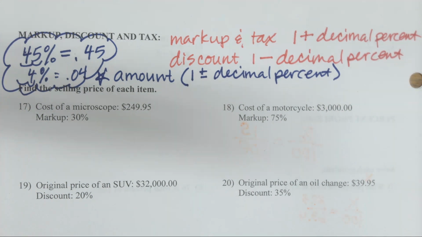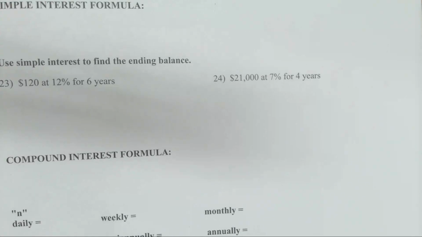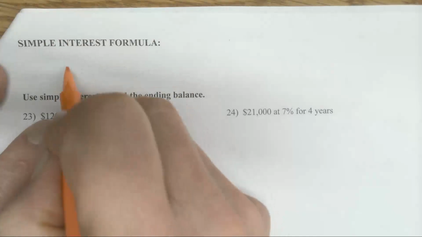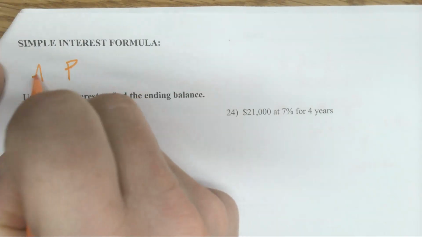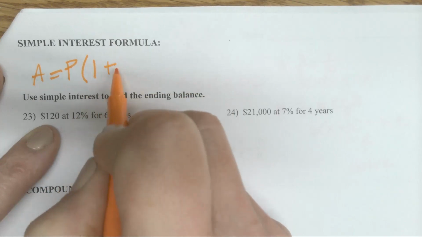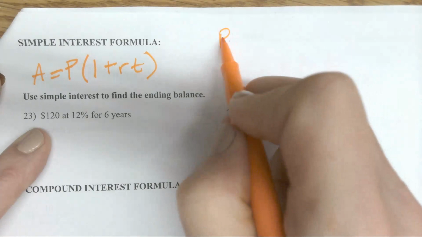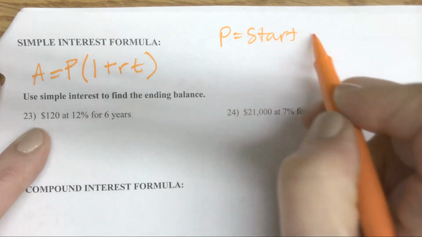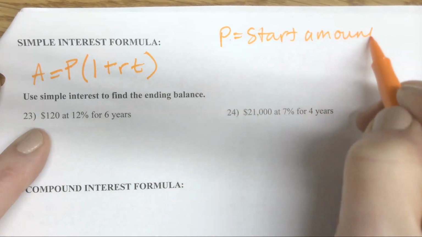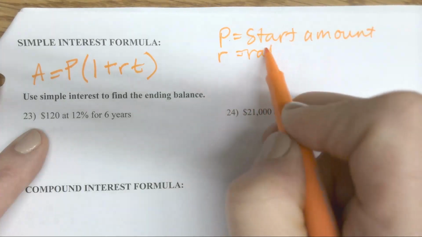Okay, and then the last two formulas, the first one's pretty self-explanatory, pretty basic. Simple interest. The amount equals the principal times 1 plus rate times time, where P is the start amount. R is the rate.